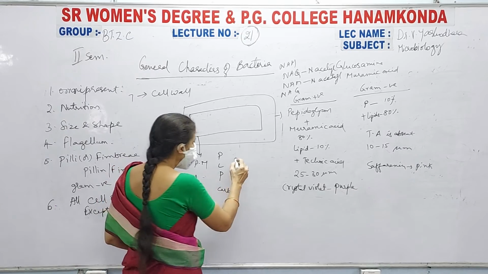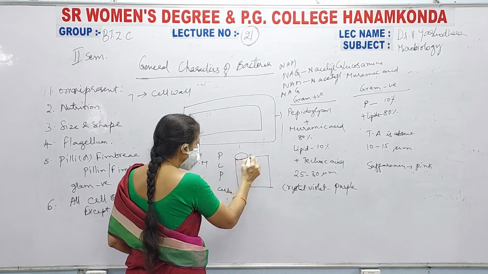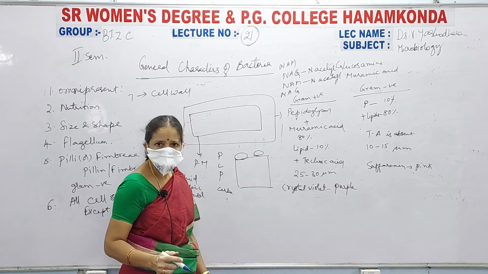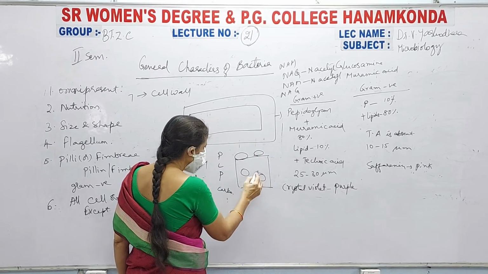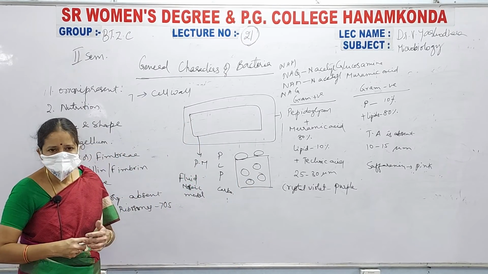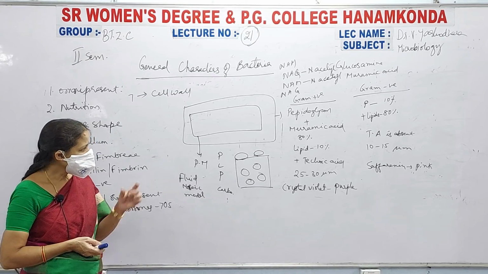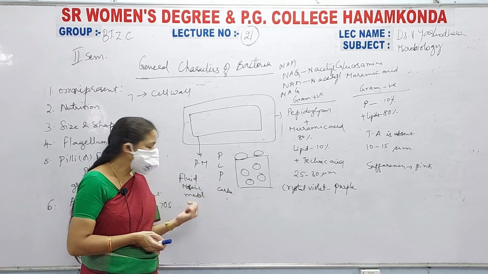See here, lipid is present. Suppose this is your lipid layer. Externally some proteins are there, they are called extrinsic proteins. Internally embedded some proteins are there, they are called intrinsic proteins. Both extrinsic and intrinsic proteins are present in the plasma membrane. This is known as the fluid mosaic model.